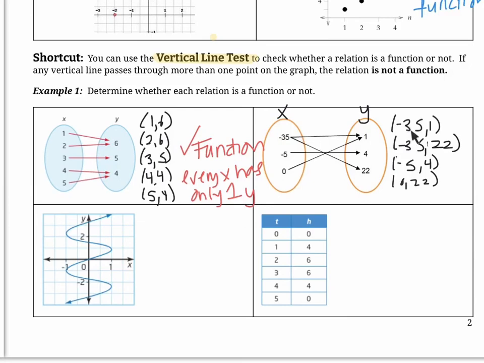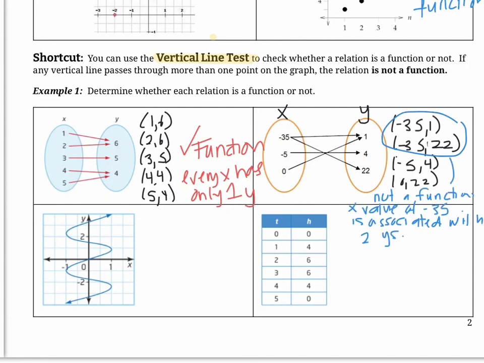When I plug in negative 35, I get 1. And when I plug in negative 35, I also get 22. That's what this shows. So automatically, this is not a function because it fails right here. One x gives me multiple y's. The x value of negative 35 is associated with 2 y's, therefore not a function.